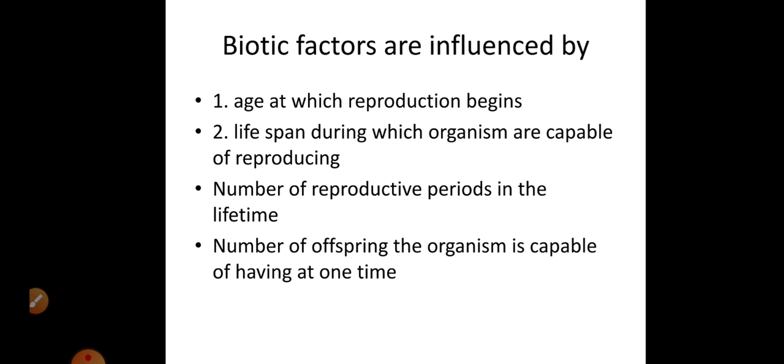Also the number of reproductive periods in the lifetime. For example, the rabbit can reproduce four times. And the number of offspring that an organism is capable of having at one time. For example, the rabbit can produce four offspring, while the elephant can produce only one offspring. So this will influence the biotic potential.